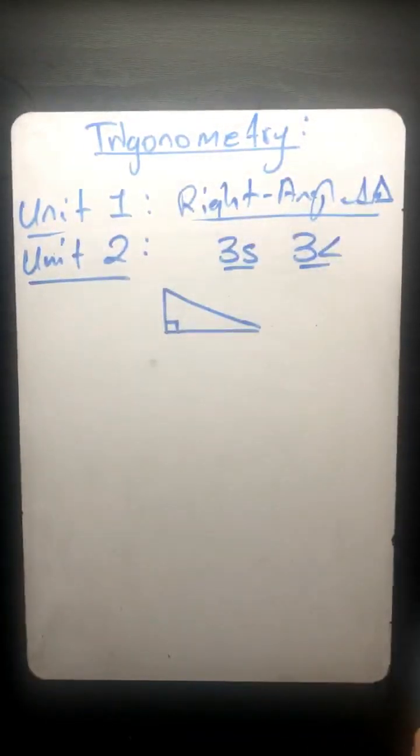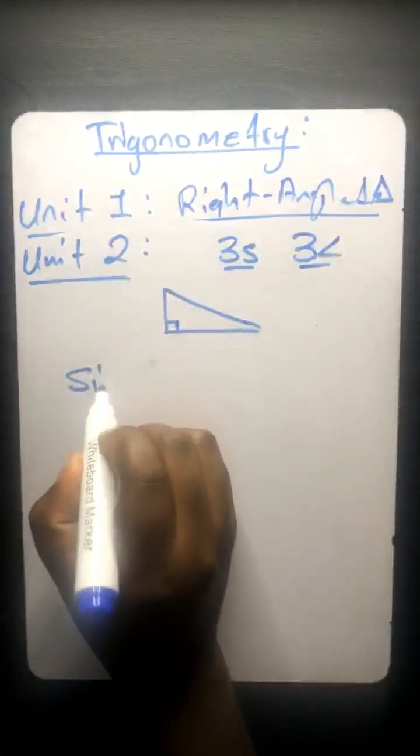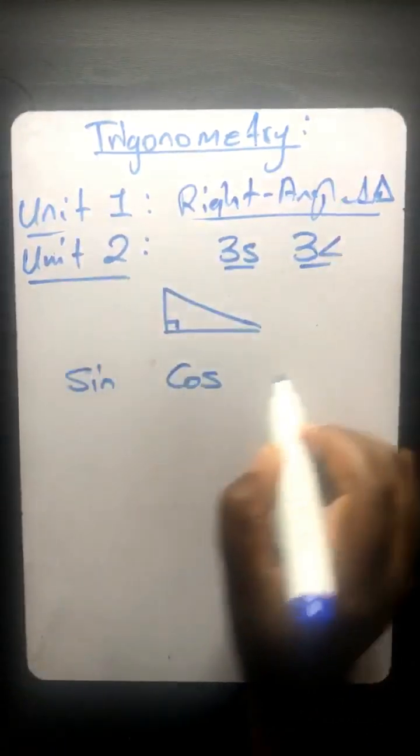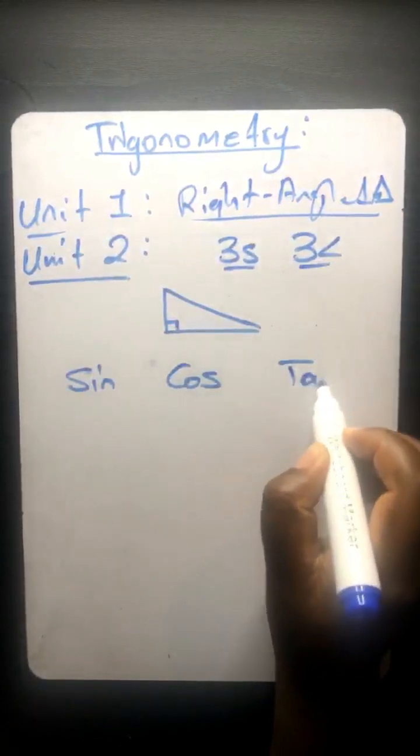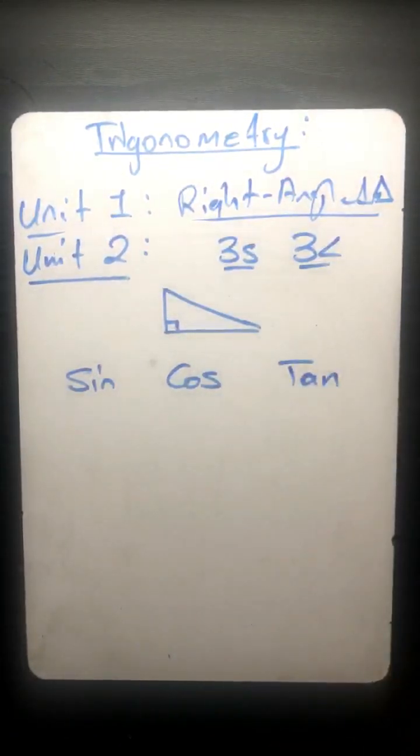Now we have what we call the trigonometric ratios. Every time you hear me saying trigonometric ratios, I'll be talking about sine, cos, and tan. Maybe very quickly, let me introduce what we call the reciprocals.